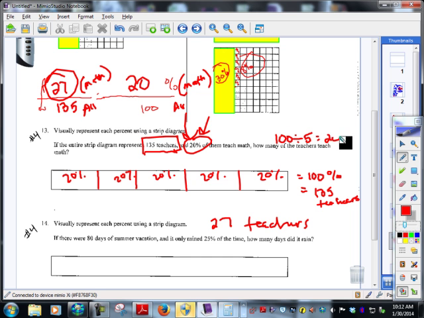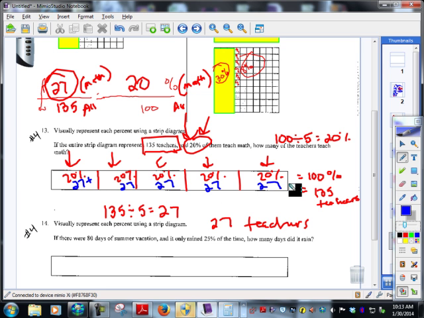That's how I learned that there was 20% in each section. Does that make sense? So what do I got to do to my teachers? Well, I got to do the same thing. I got to figure out how many teachers are going to be in each section, just like I figured out the percentage. So I need to divide 135 by 5, and I'm going to get 27. So that means that each section is 27 teachers.